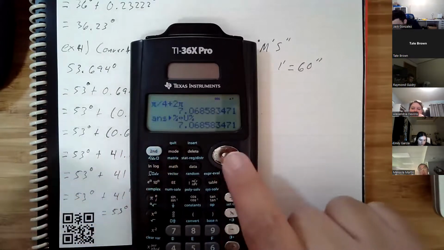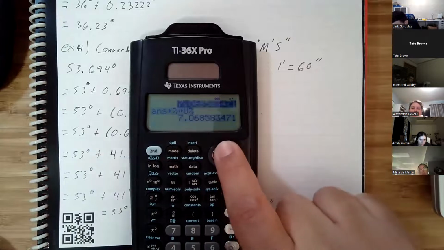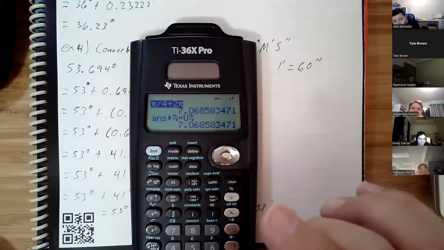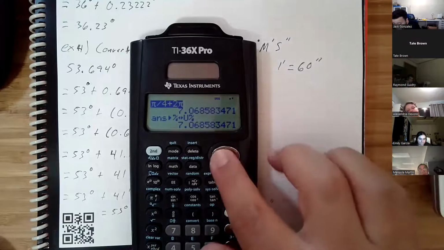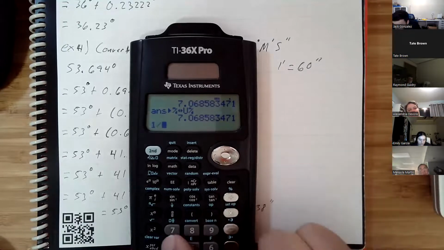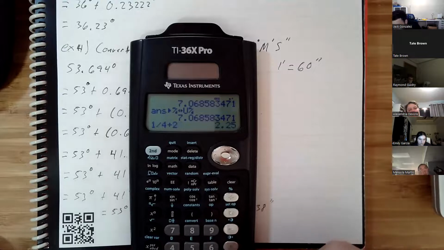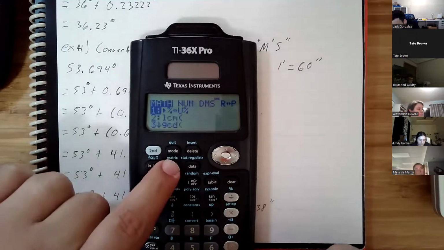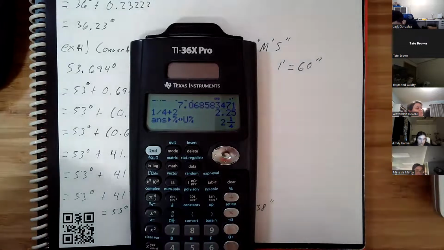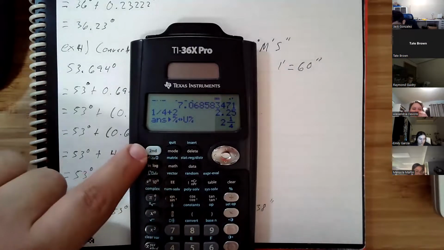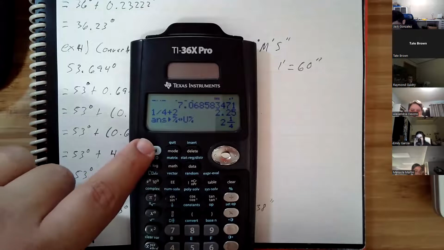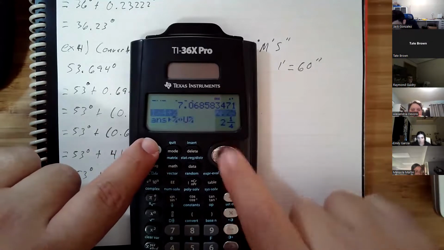Anyway, if you wanted to check your work, instead of adding that pi in there, you could just say that's technically 1/4 plus 2, right? And then press the math button number 1, which changes it to a fraction. I don't want a mixed number though, so I'm going to do that again. Enter.